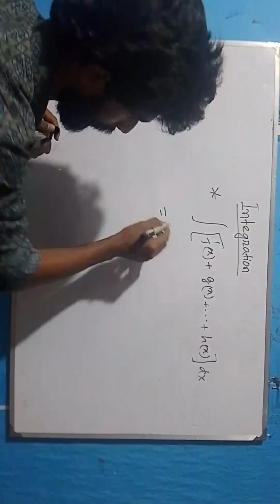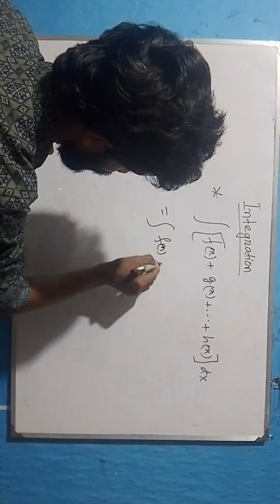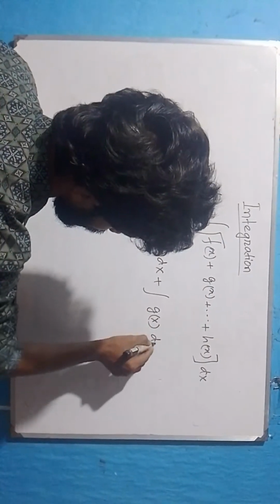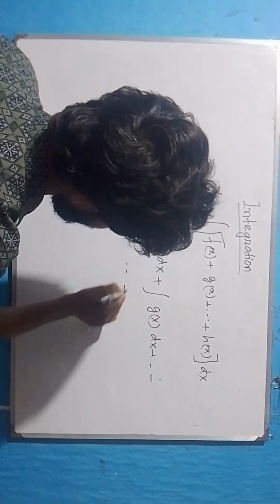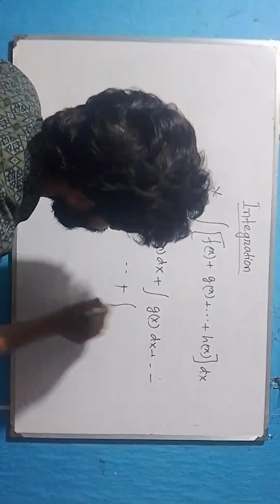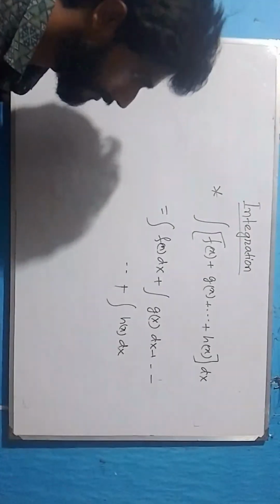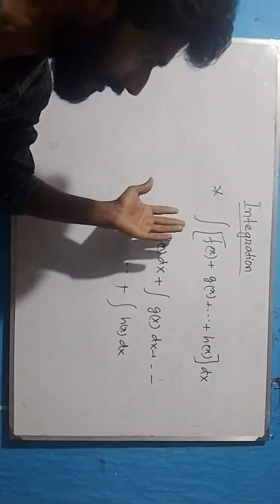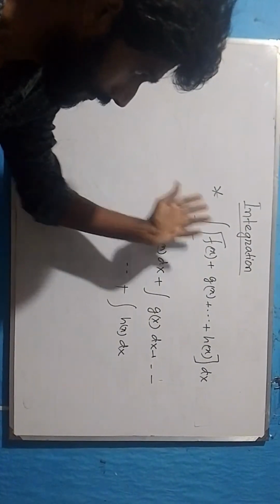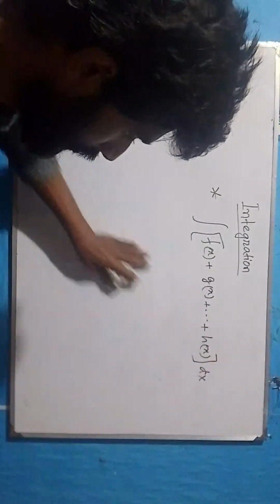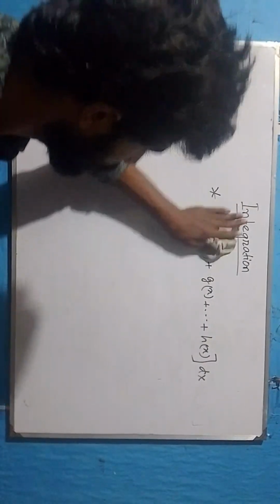So it can be written as integration of f of x dx plus integration of second function g of x dx plus dot dot, and then up to integration of h of x dx. So this I call distribution law for integration. Now I will take an example here.